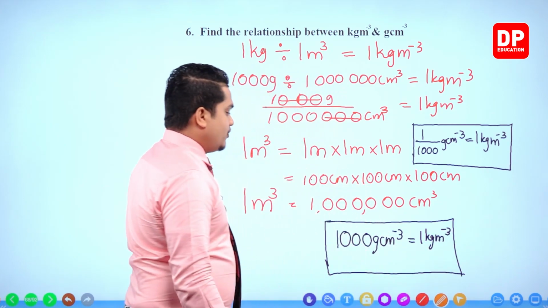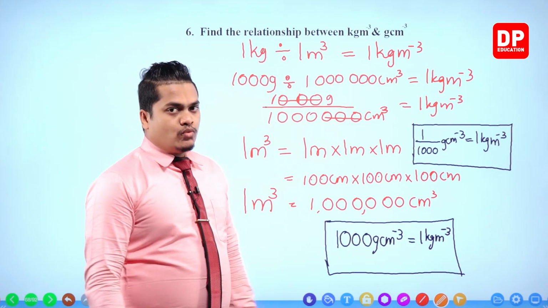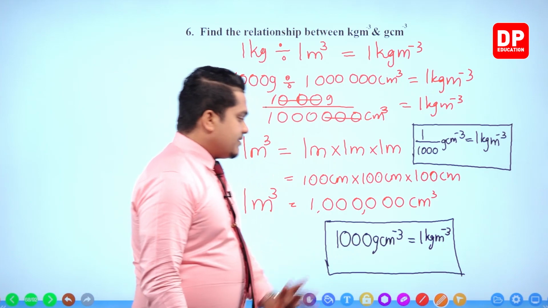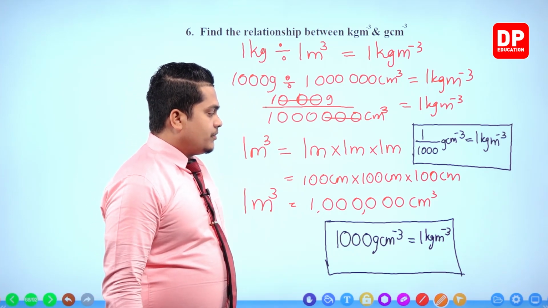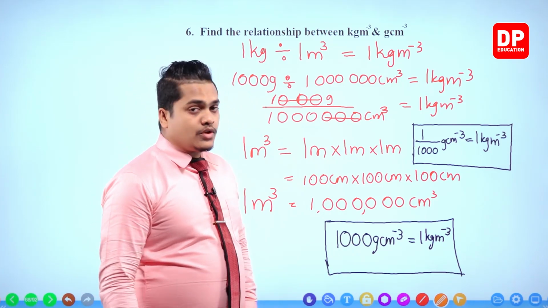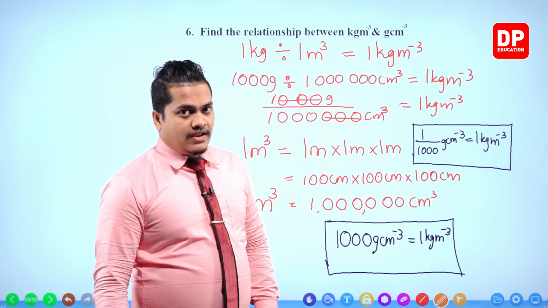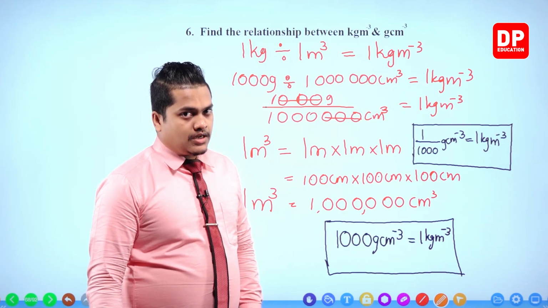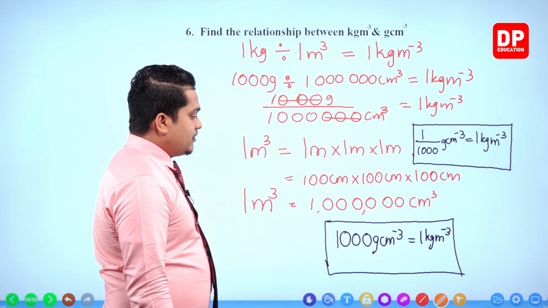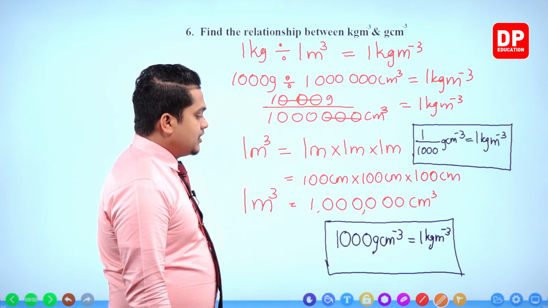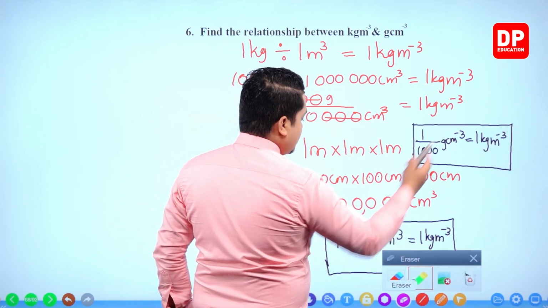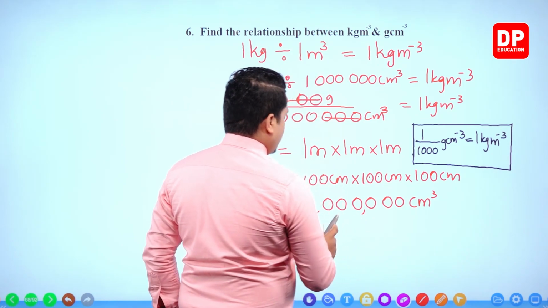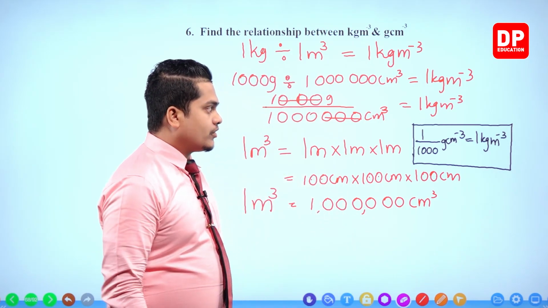That means if you want to convert given g cm minus 3 values, grams per cubic centimeter values, to kilograms per cubic meter values, you just multiply by 1000. By multiplying by 1000, you can convert that. So I'll erase this. This is the original one. You can substitute that to each and every place that you want.